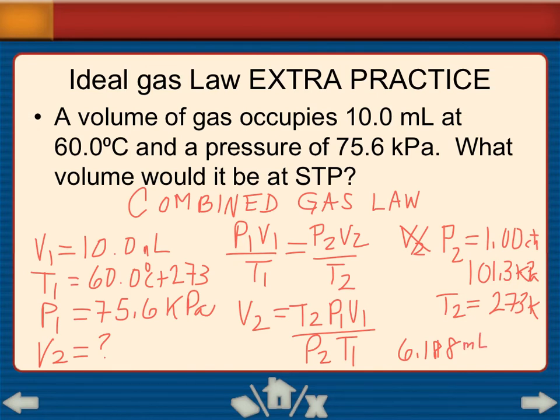Looking back at the data, you may want to round to 3 sig figs, so 6.12 milliliters. And there again, that's really a combined gas law problem rather than an ideal gas law problem. Your sample is staying the same, and you're just changing the conditions under which the gas exists.